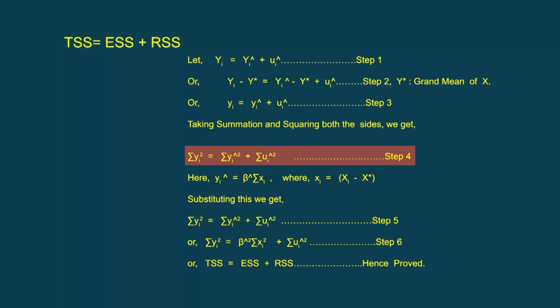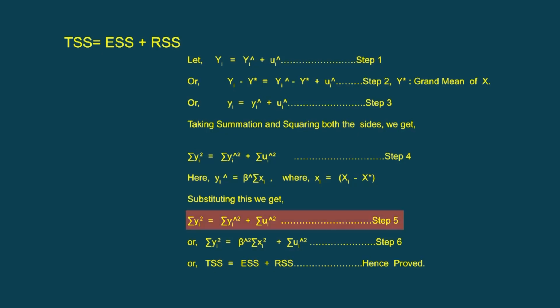Now we know from our regression model that yi hat is explained by the slope coefficient beta hat multiplied by small xi. Here all the small letters indicate the deviation from the mean. Substituting in step number 4, we get summation yi square equals summation yi hat square plus summation ui hat square, which is step number 5.